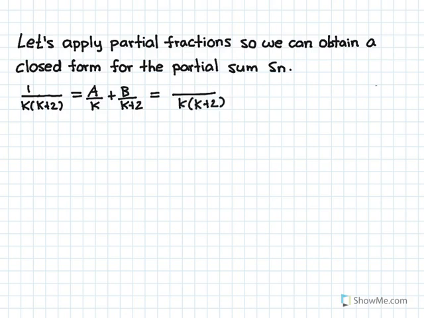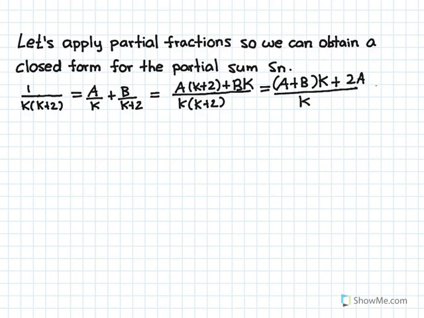So in the numerator, we get a times k plus 2, adding these two fractions, plus b times k. Let's simplify this: we get a plus b times k plus 2a, divided by k times k plus 2.